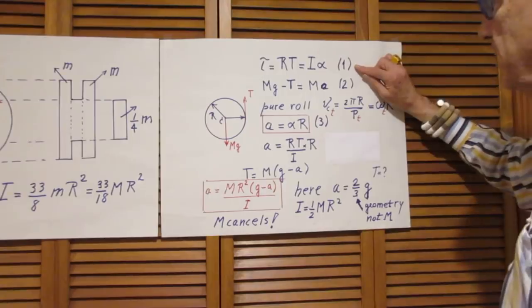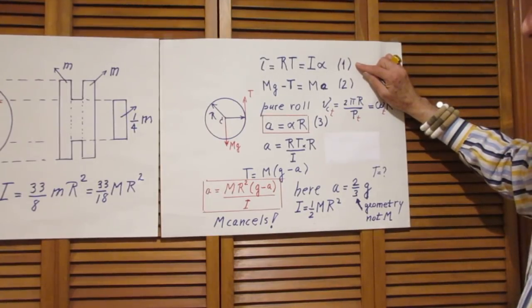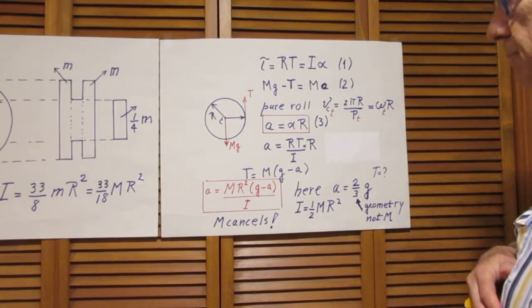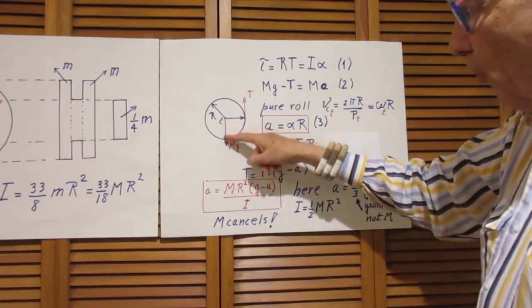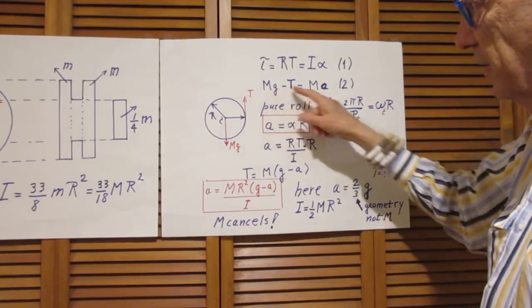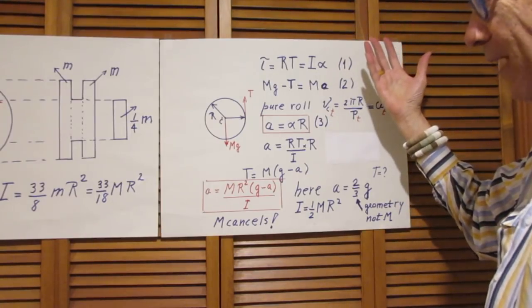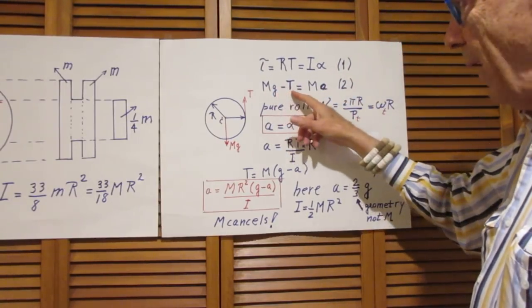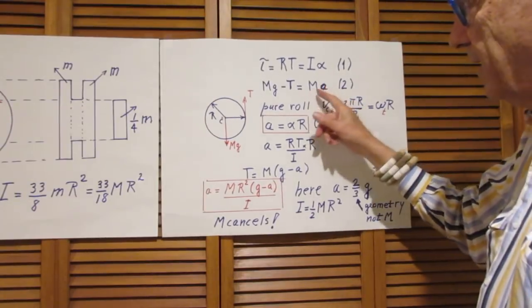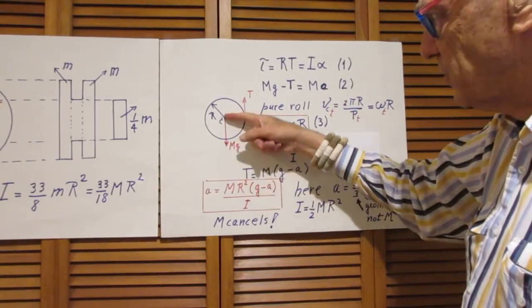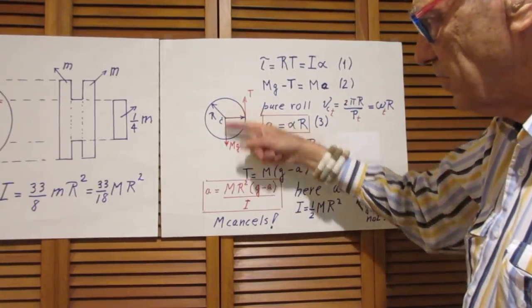So this is one key equation. F equals ma. So this force minus this force is ma. You can't argue with that, right? So Mg minus T must be Ma, a being the acceleration of the disk as it goes down.